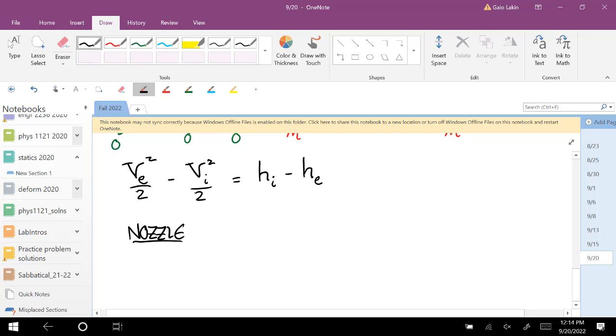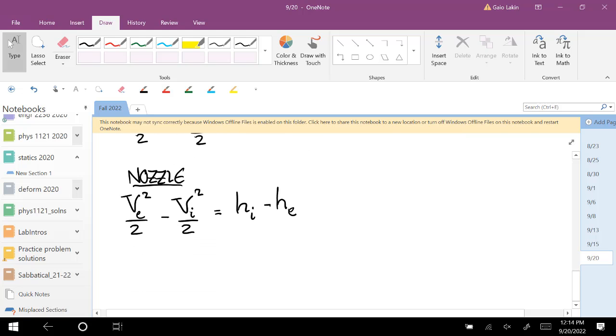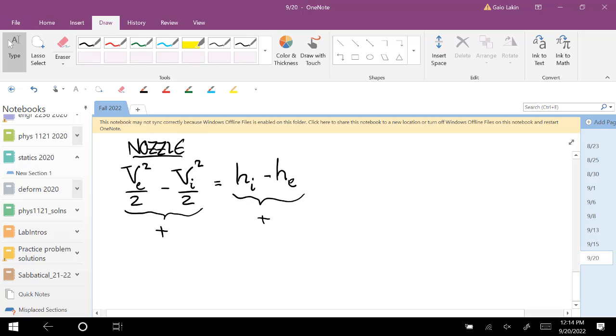And so if you write it just like I have it above, each of these two sides now is positive. For a diffuser, it's the reverse.